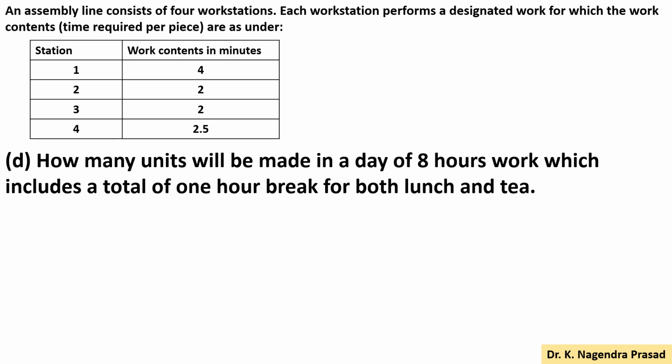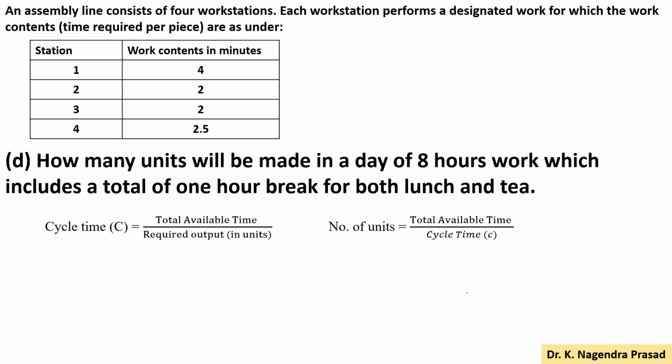How many units will be made in a day of 8 hours of work, which includes a total of 1 hour break for both lunch and tea? Here I have to determine the number of units. We know the cycle time formula is total availability time divided by required output, or number of units. So number of units equals total available time divided by cycle time.